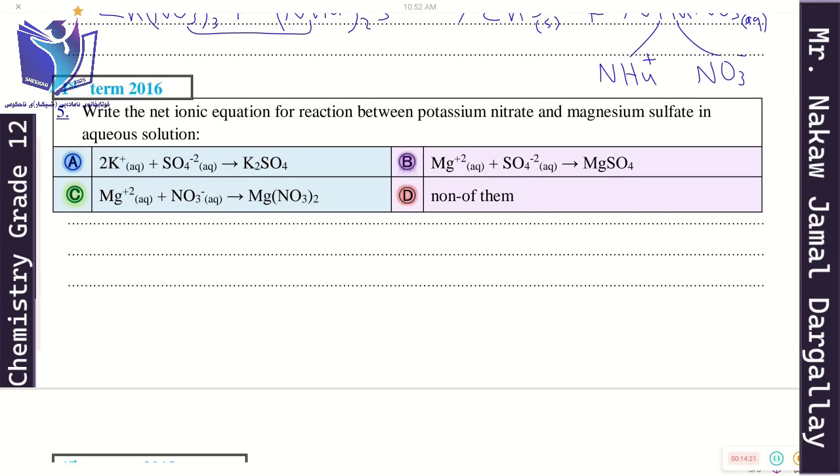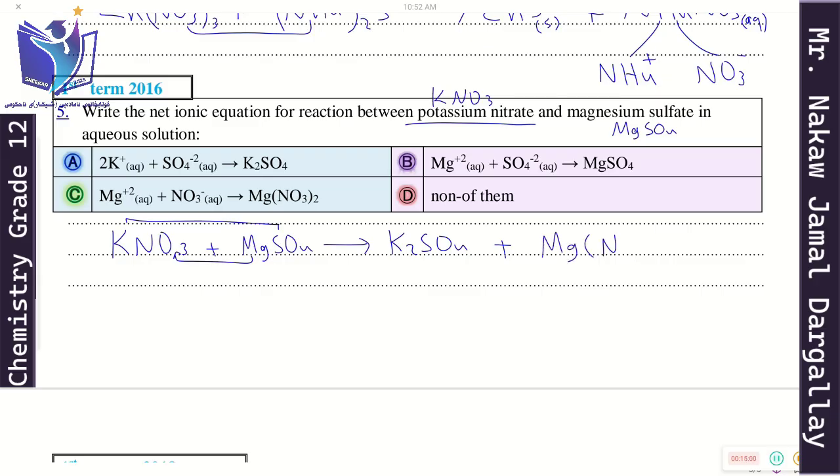Write the net ionic equation for the reaction between potassium nitrate, KNO3, and magnesium sulfate, MgSO4. K with SO4 produces K2SO4, potassium sulfate. Mg with NO3 produces Mg(NO3)2, magnesium nitrate.